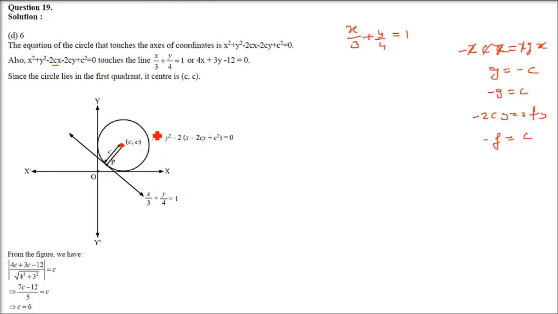When the center is (c, c) and the circle is touching both the coordinate axes, we know that the x distance and y distance is c, and also the radius.